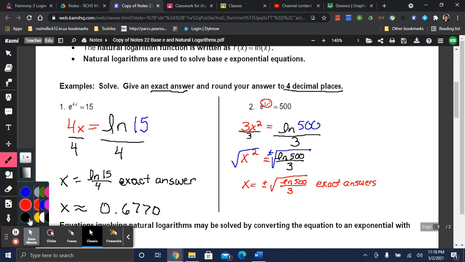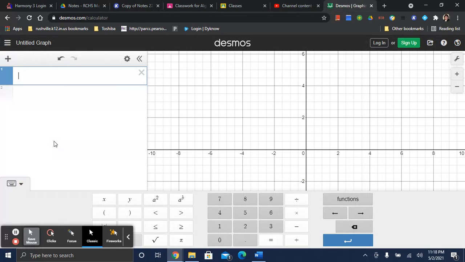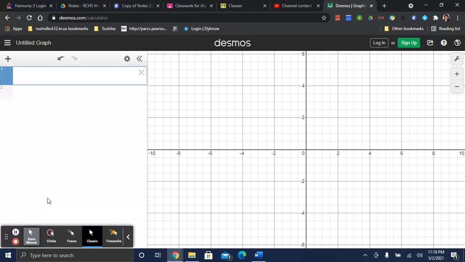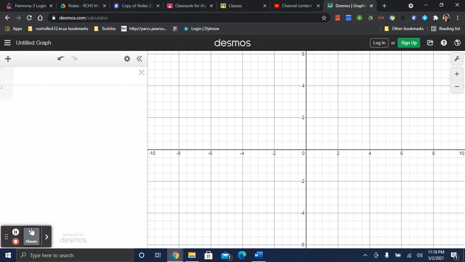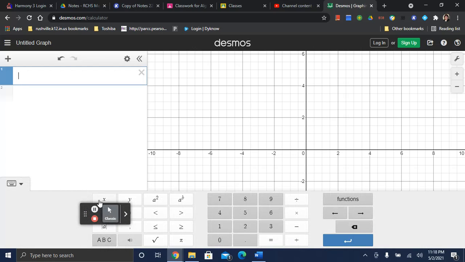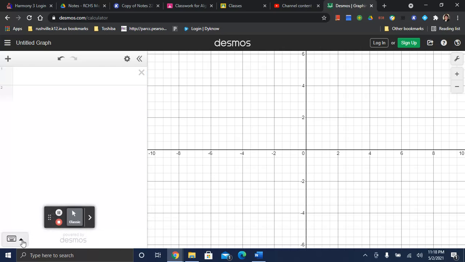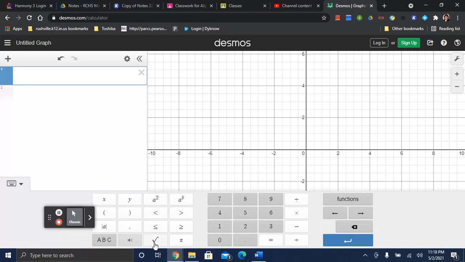And then for your decimal answers, we'll have the positive one and the negative one. So I'm going to go ahead and put 2 blanks to fill that in. Notice that we're going to need to do a square root of the natural log of 500 and then divide by 3. So your square root button, if your keyboard is not showing, you'll have your keyboard, the square root, is on that bottom row.